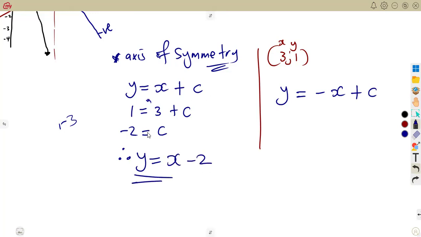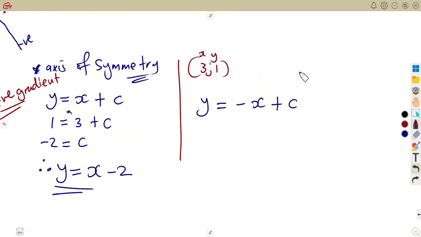This is the one that we are going to have for the one with the positive gradient. They can ask you the one that has got a positive gradient. They can ask you about the one which has got a negative gradient.